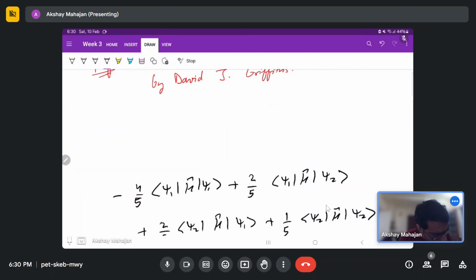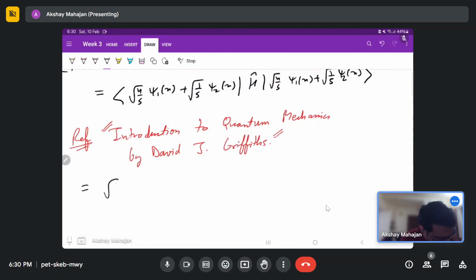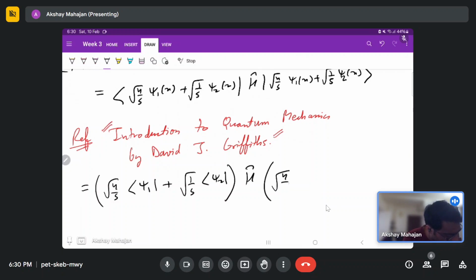Okay, so basically what I have written here, I can write as root 4 by 5 times bra of psi 1 plus root 1 by 5 bra of psi 2, then you have your operator h cap, and then root 4 by 5 psi 1 plus root 1 by 5 psi 2.